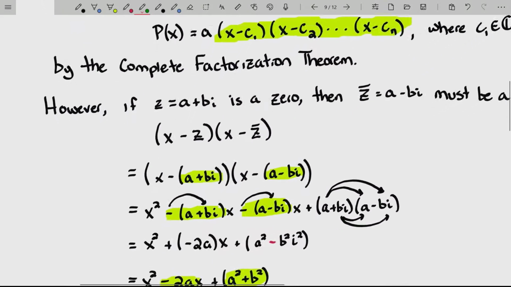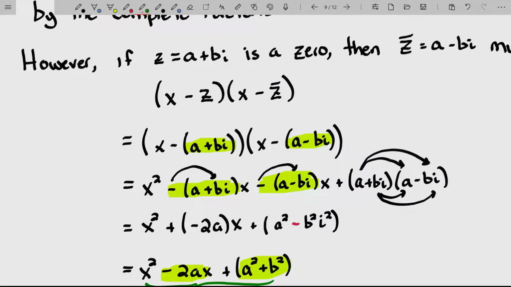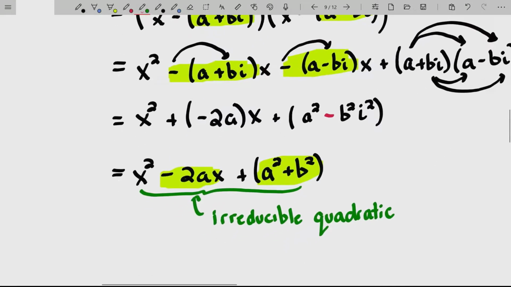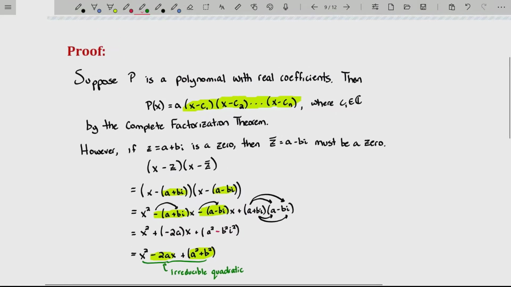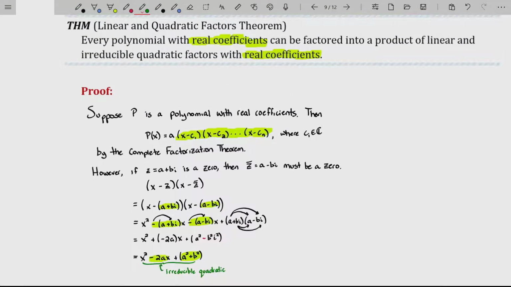So we looked at those factors with conjugate pairs, and we said, well, if they come in pairs, let's go ahead and multiply a pair together and see what happens, and we get an irreducible quadratic, which tells us our polynomial will be the product of linear factors with real numbers and irreducible quadratic factors with real coefficients.